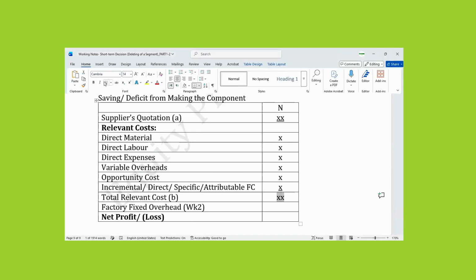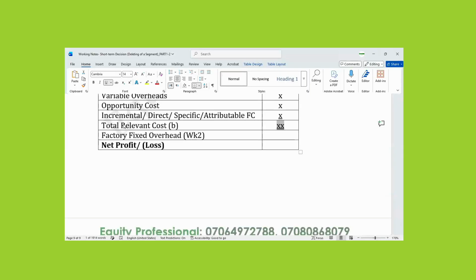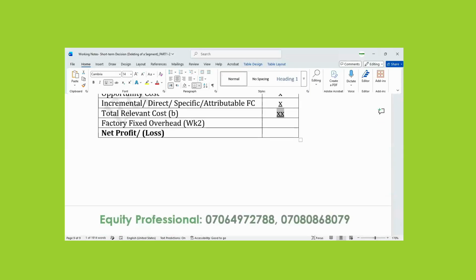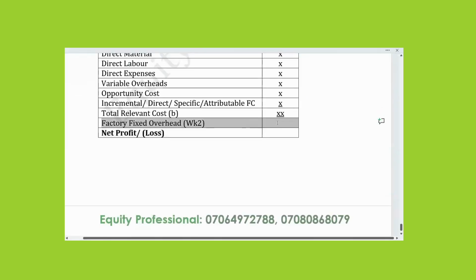One minute. All right. So this will then give us either savings or deficits.